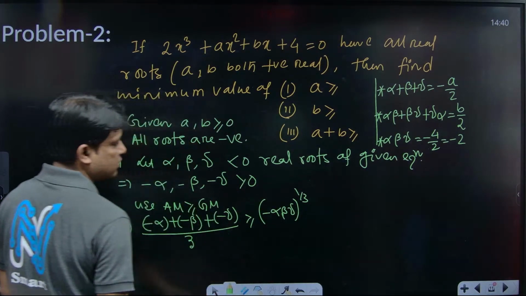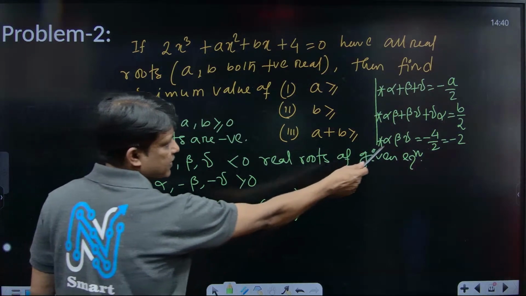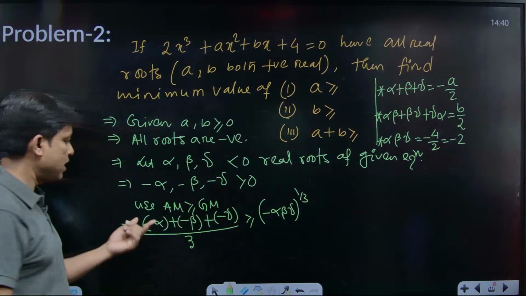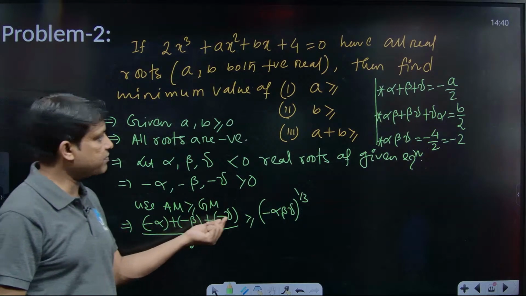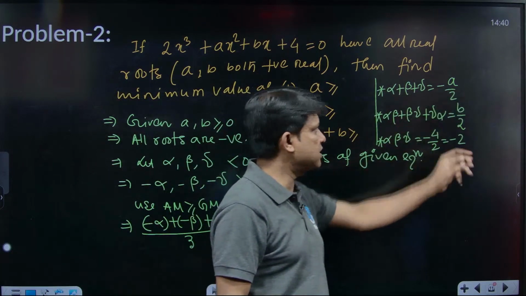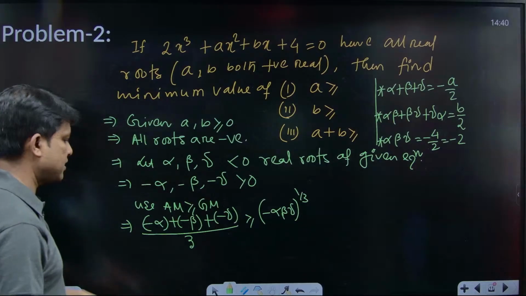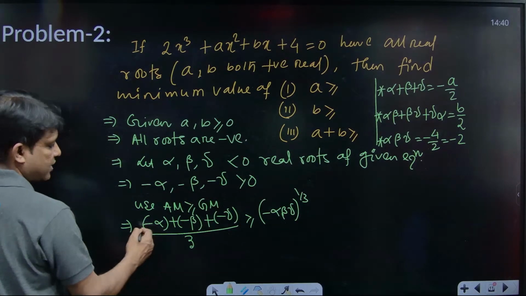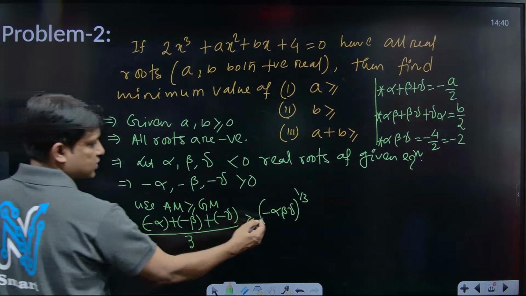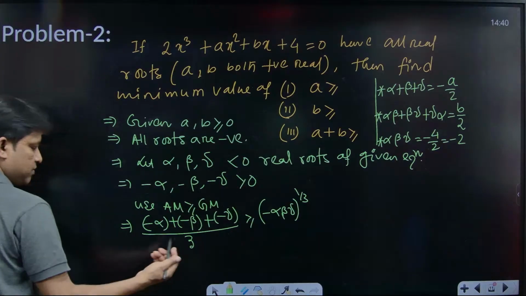We know the product of roots, alpha beta gamma, is minus 2, so just put minus 2.